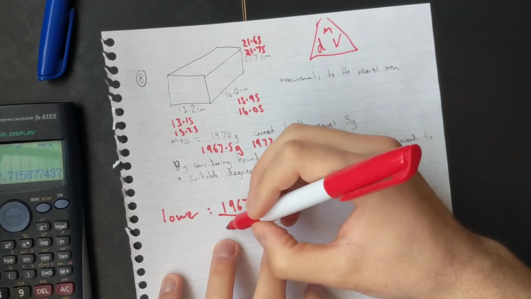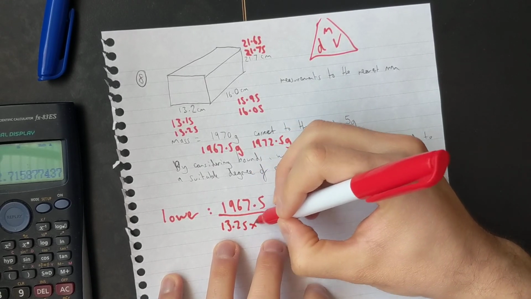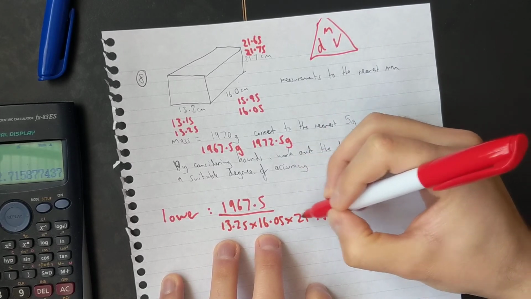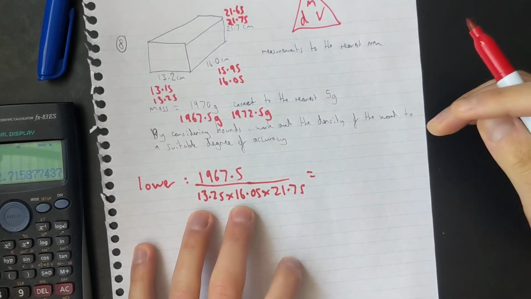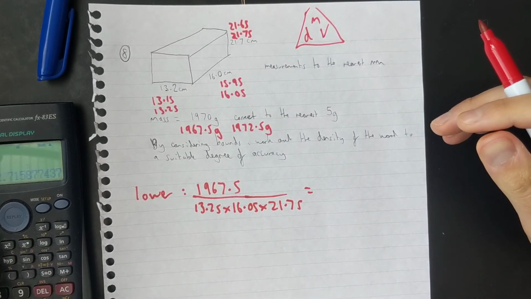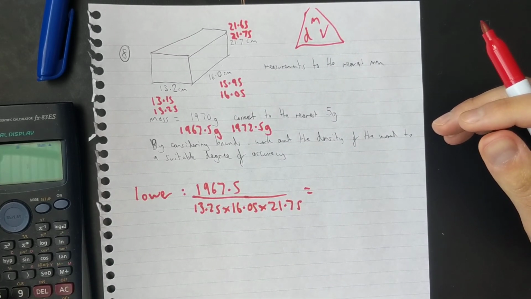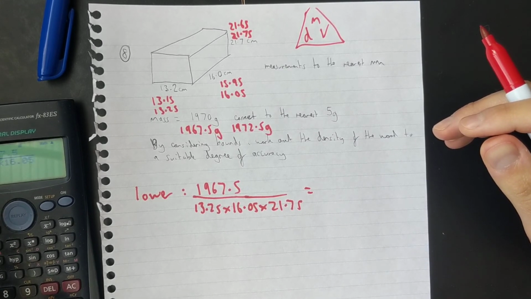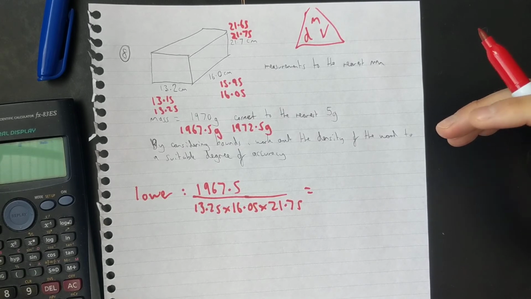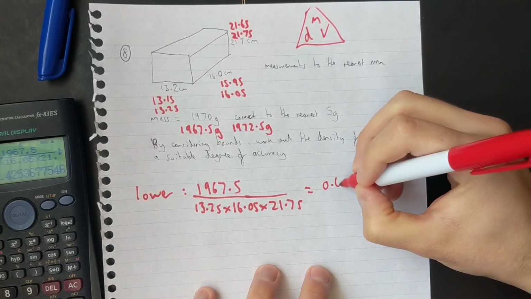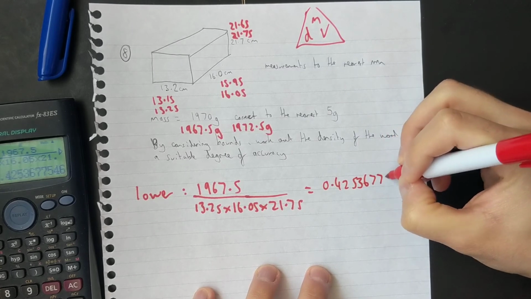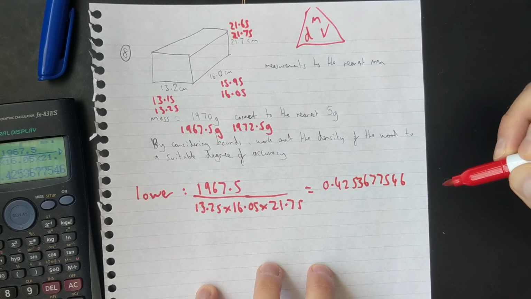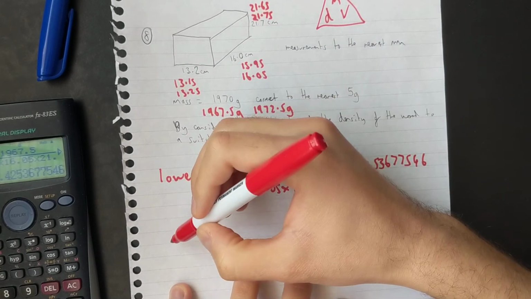Volume is these all multiplied by each other, so that's 13.25 times 16.05 times 21.75. And that is going to equal 0.42536774546 grams per centimeter cubed.